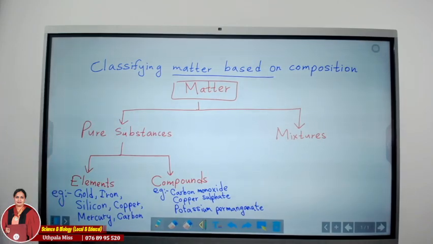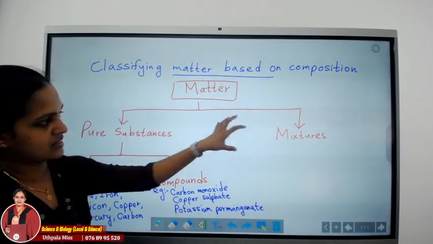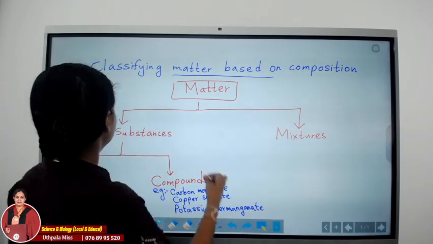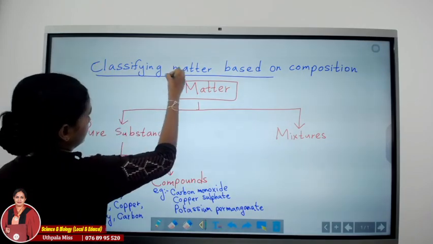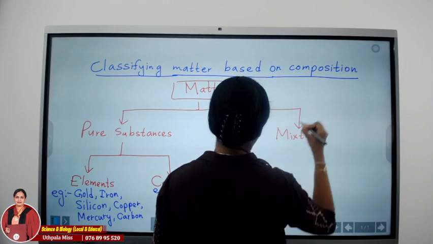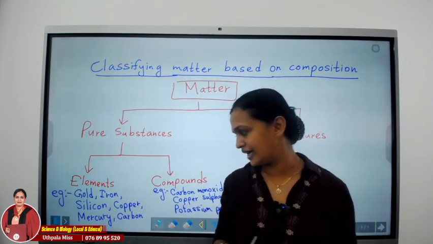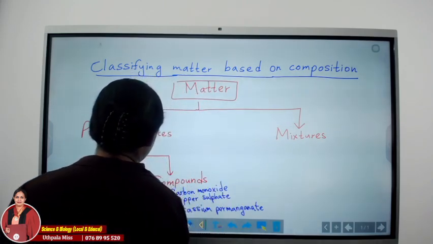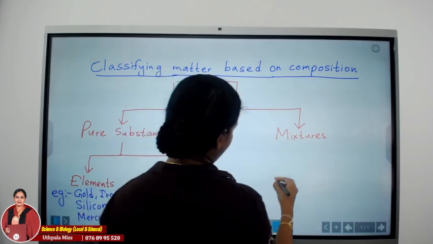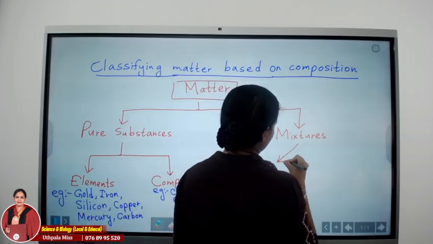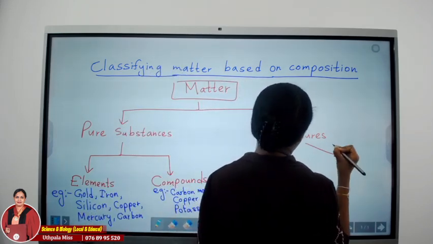Okay. So matter can be divided into two categories, pure substances and mixtures, based on the composition. Then the mixtures, we can further divide into two categories. Later on we will learn about them. For the moment we will just classify and keep.